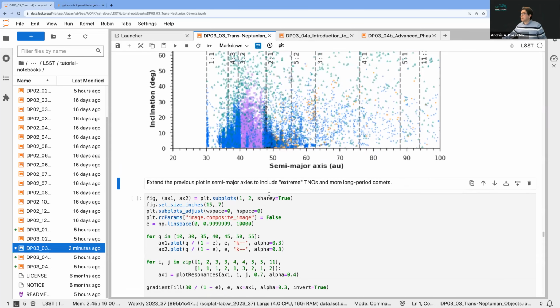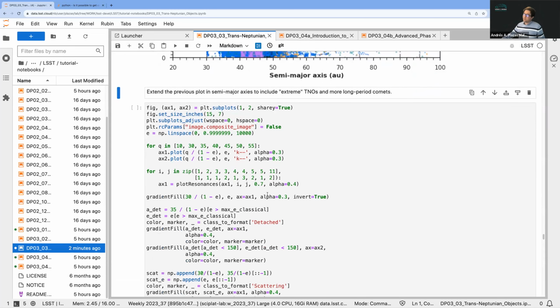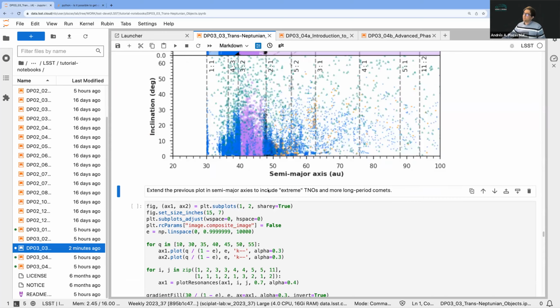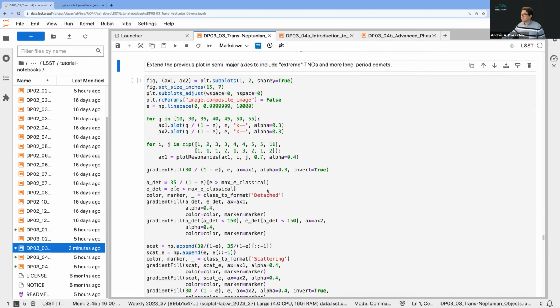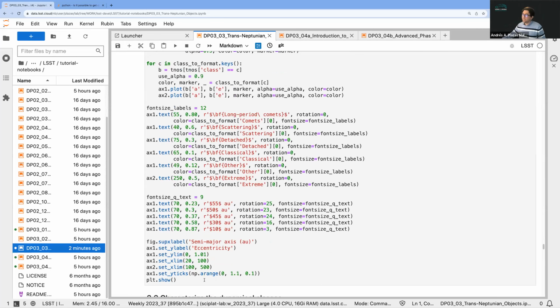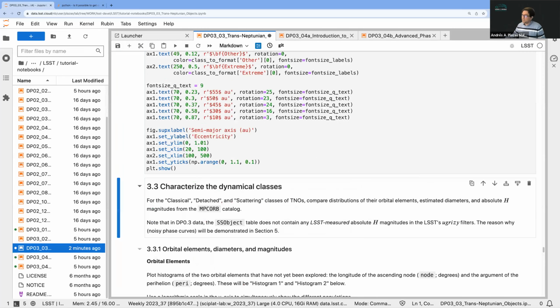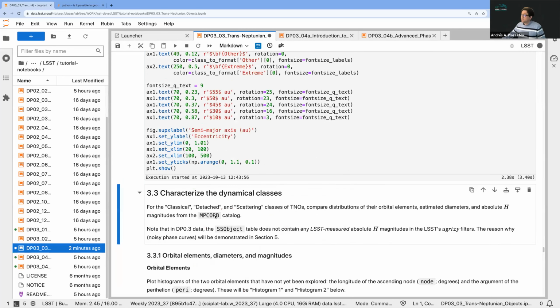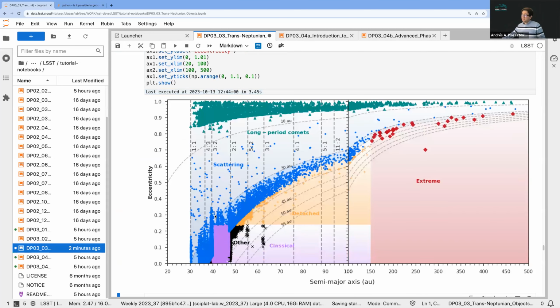Okay, but then I also wanted to make a better looking plot that included the extreme objects as well. So we're basically repeating a lot of the code that we have here. And then again, maybe we could refactor this a little bit better, but it's basically the same thing, including the extreme class. So we now have a nicer looking plot.